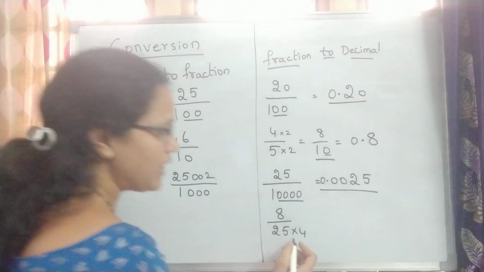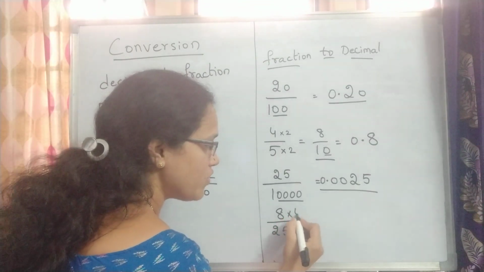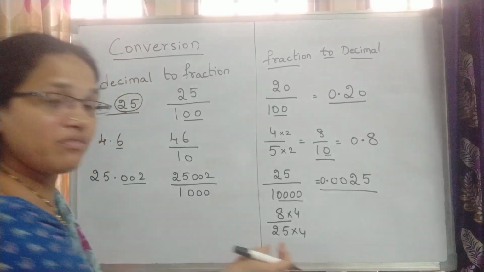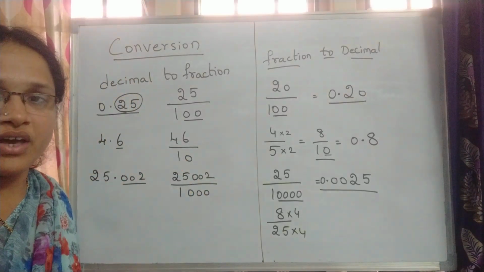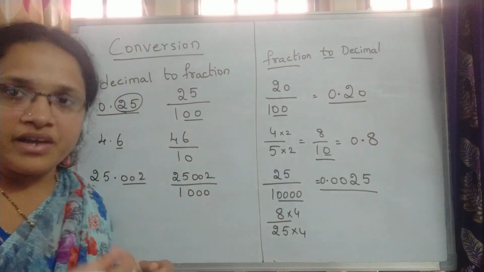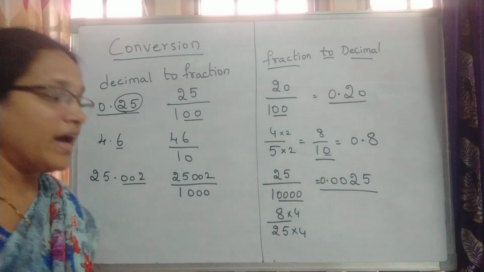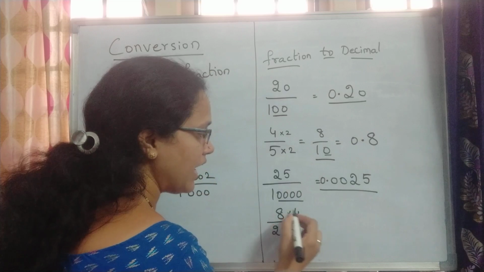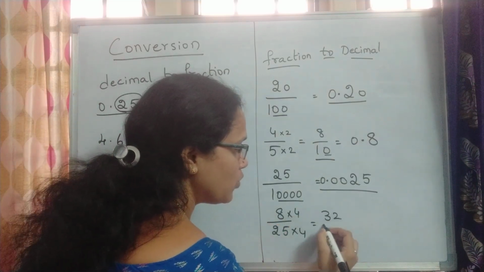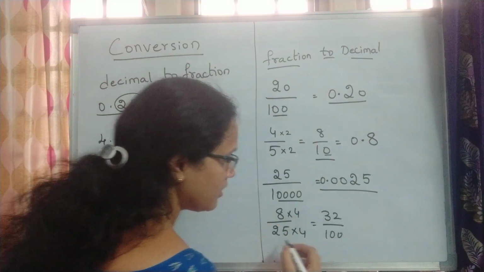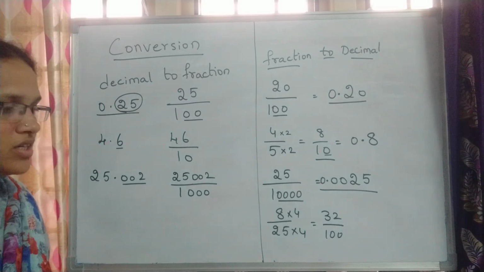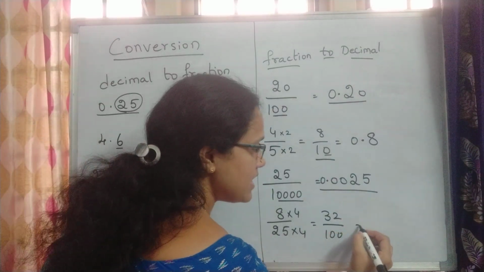So multiply the numerator also by 4. Don't multiply the denominator by 4 and the numerator by 2. With whichever number you multiply the denominator, you multiply the numerator with the same number. Now write the fraction once again: 8 fours are 32 by 100. 25 fours are 100. Now it's easy for you.